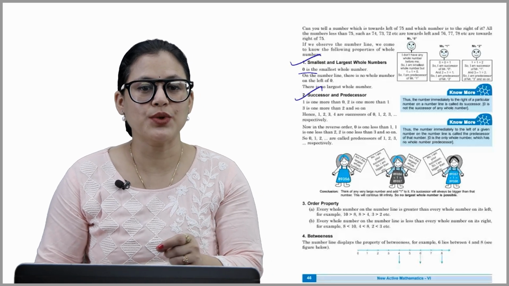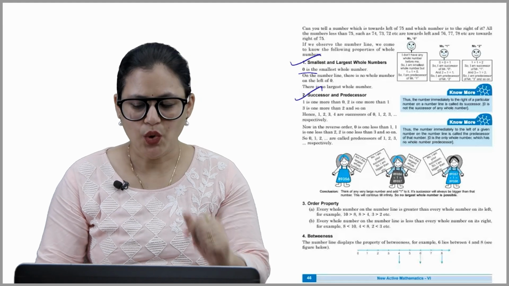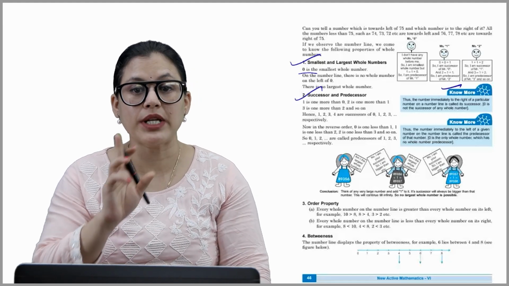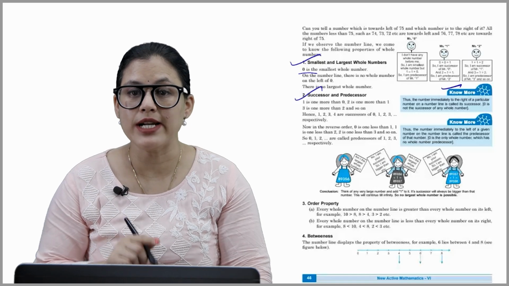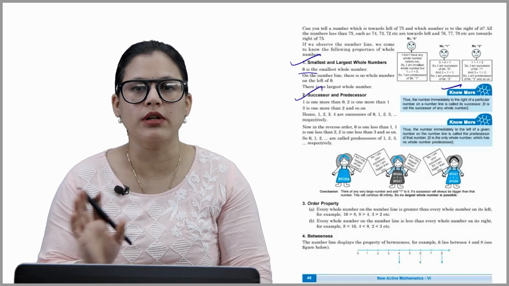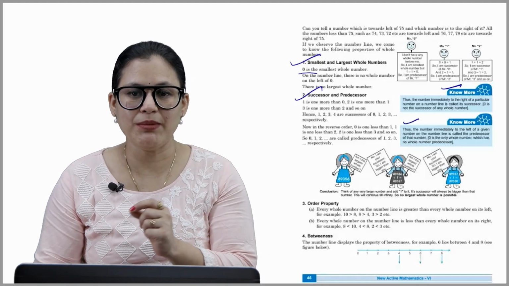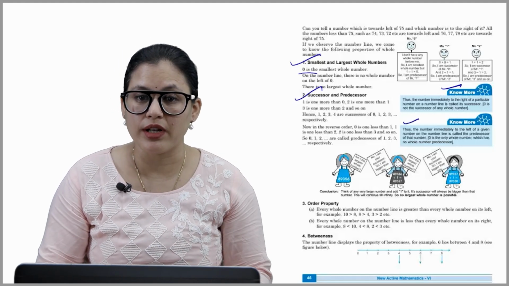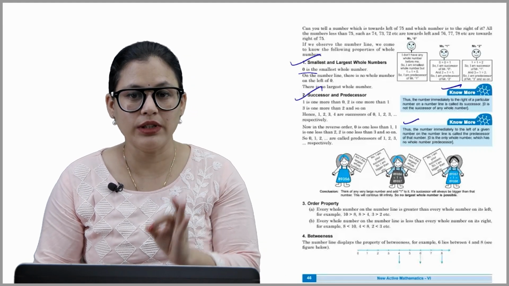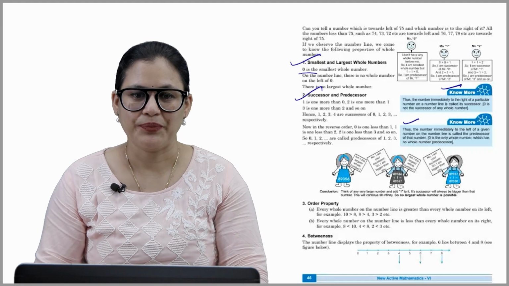So 0, 1, 2 are called predecessors of 1, 2, 3 respectively. Thus, the number immediately to the right of a particular number on a number line is called its successor. 0 is not the successor of any whole number. And next, the number immediately to the left of a given number on the number line is called the predecessor of that number. 0 is the only whole number which has no whole number predecessor.